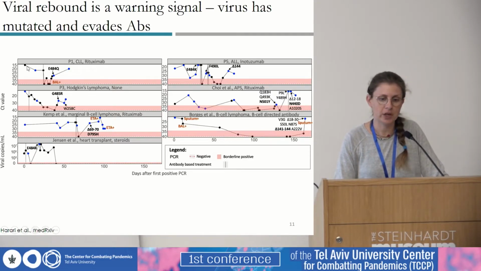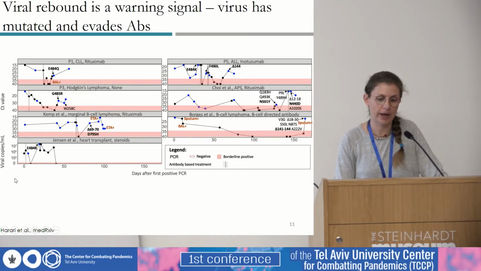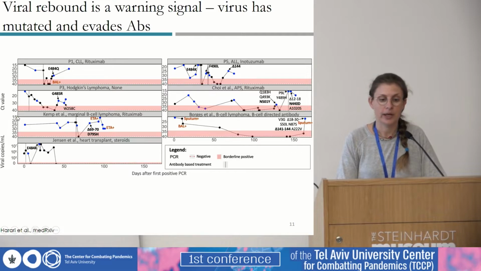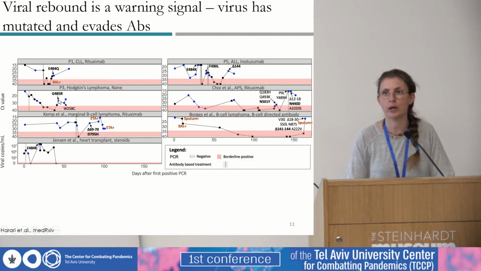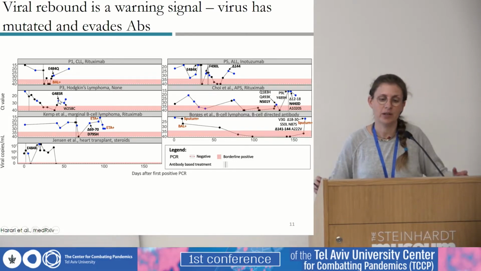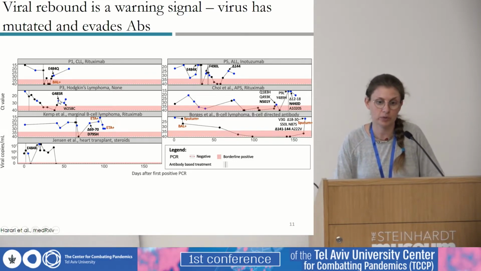Okay, and so you can see this here. The x-axis is time, the y-axis is viral load. And so you see, this is a patient that drops, right? The viral load drops, so the virus is cleared. When we're in the red zone here, that means that the virus is cleared. And then it goes back up again, and when it goes back up again, it is accompanied with an antibody evasion mutation.